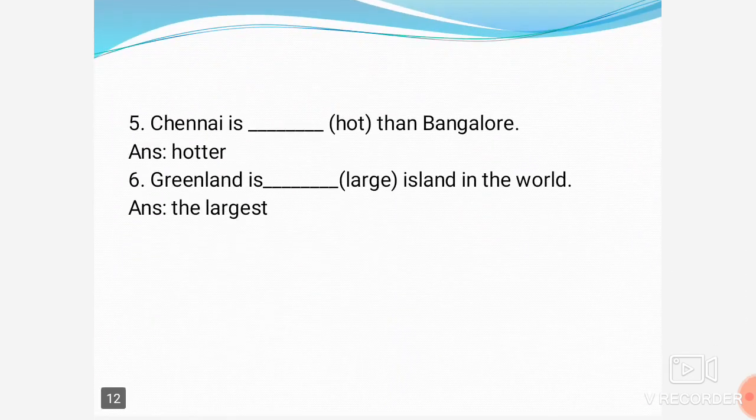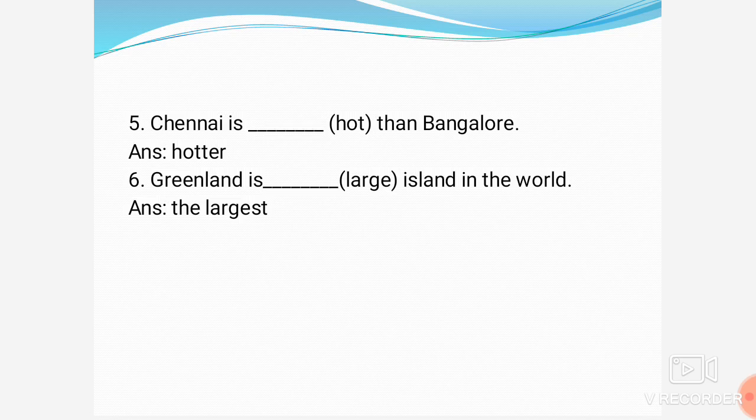Now the fifth example. Chennai is dash than Bangalore. Hot is the adjective. Here the rule number 3 is applicable. Why? The positive degree adjective is a one syllable word. Hot is one syllable word.